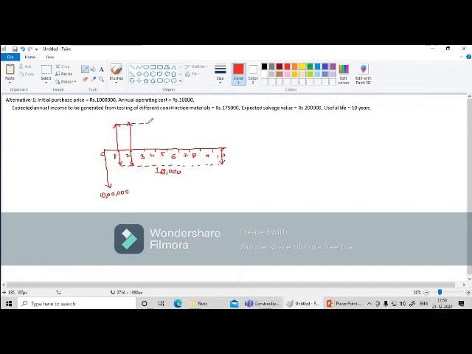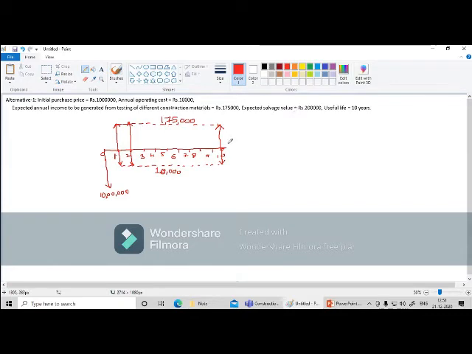I'll use a dotted line to connect it, and mention 1,75,000 on the dotted line. So it means 1,75,000 is the annual income at the end of year 1, at the end of year 2, every year till the end of the useful life. Every year 1,75,000 is the income generated.